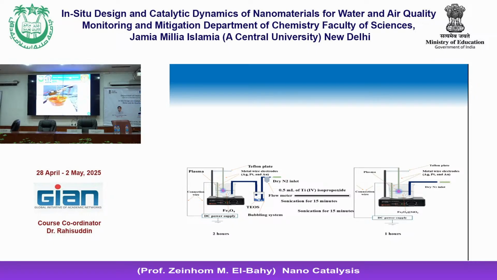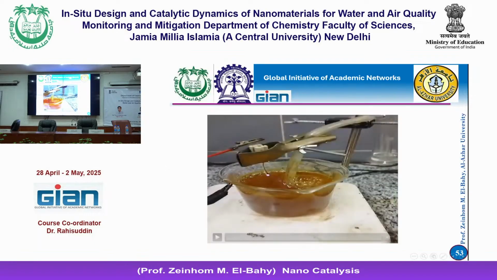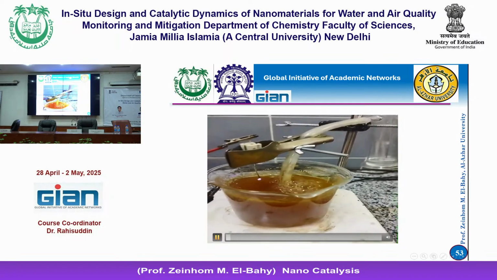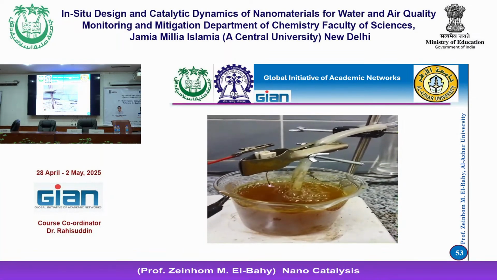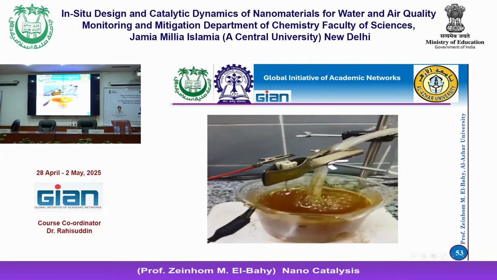And this is a picture, and I'll show you a video here. I think this is the preparation of adding silica to magnetite to form silica-magnetite core-shell. Sorry again. I'll show you this one.